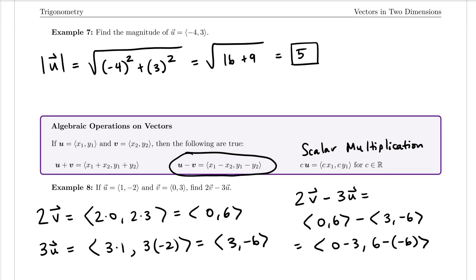That's probably what we would have guessed how subtracting vectors works in component form. And 0 minus 3 is -3, and 6 minus -6 ends up being +12. So here is our final answer. It is the vector ⟨-3, 12⟩.